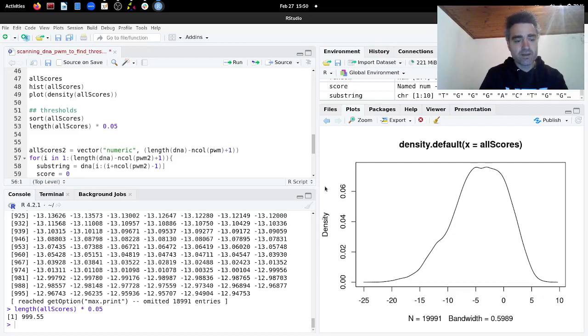Okay, 999.55 values. So we actually want to obtain the value that corresponds to this index in the sorted array. Remember that the sorted array is from the smaller value to the greater value.